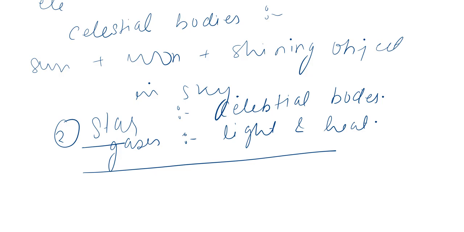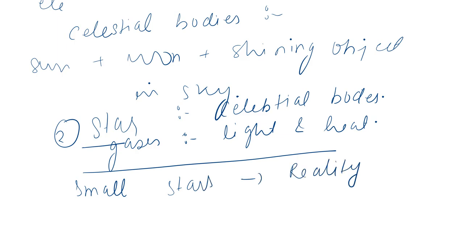Actually, what we see in the sky are very small stars, but in reality these stars are very big. But why do they appear small?